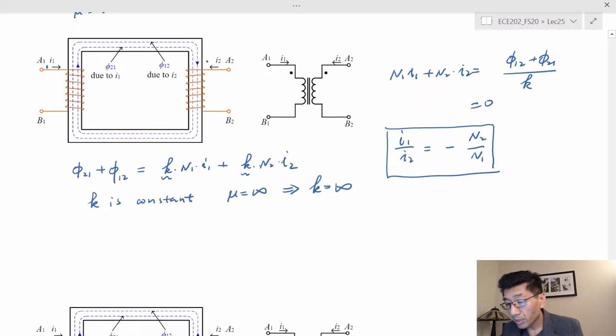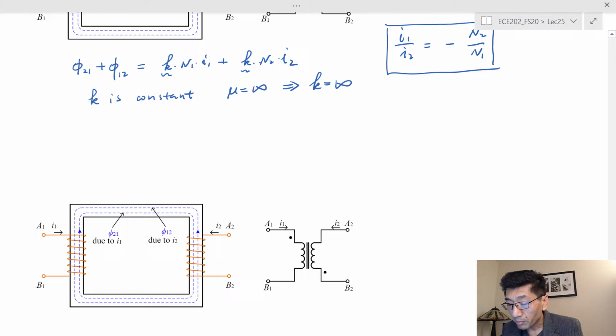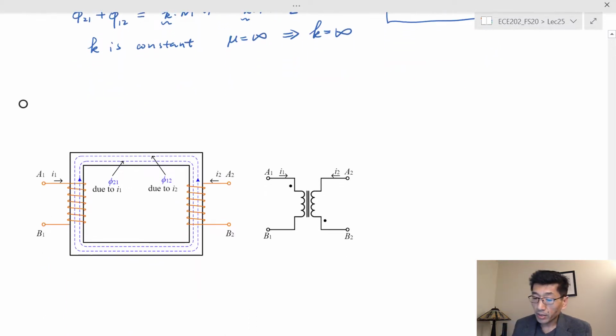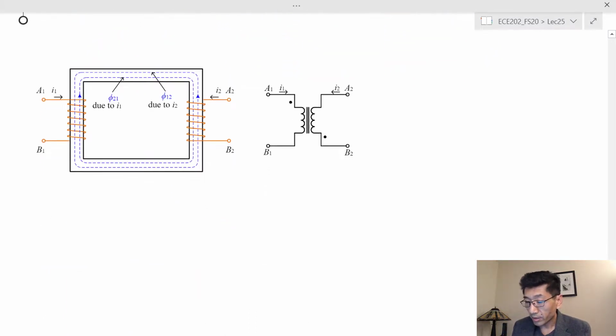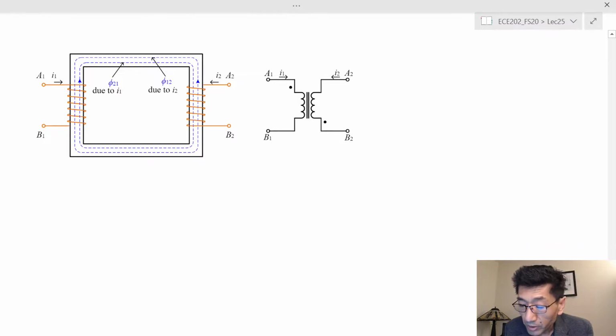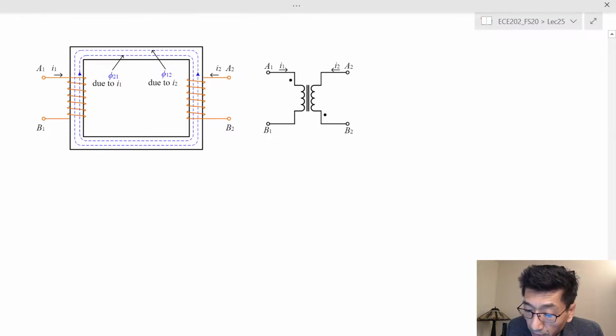And if we do a similar derivation for the current in this case, the fluxes are actually opposite to each other, right? So with the dotted terminal here and the dotted terminal here, the current I2 actually has the flux going in the opposite direction.